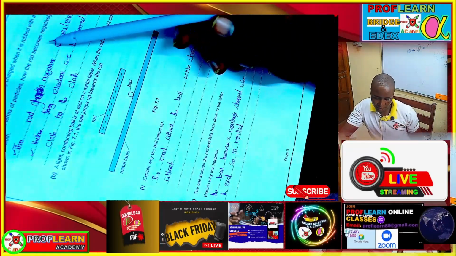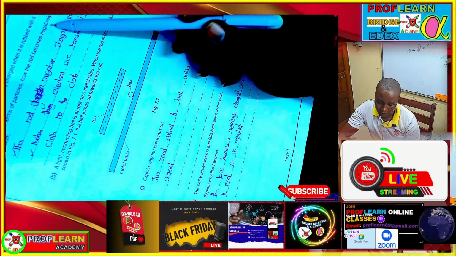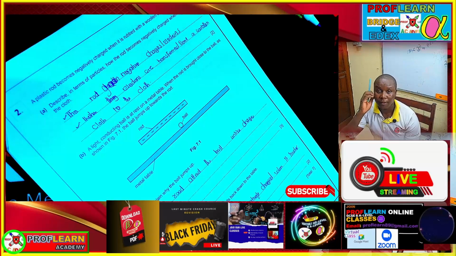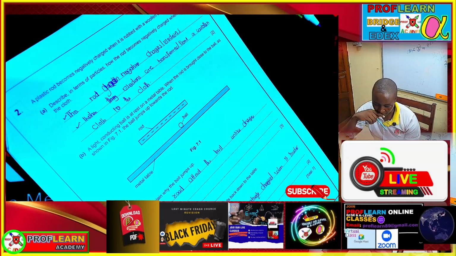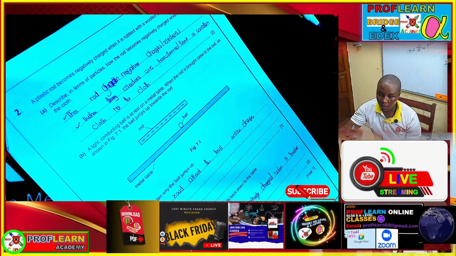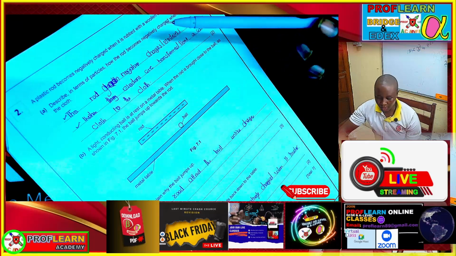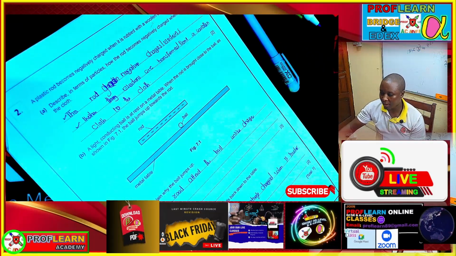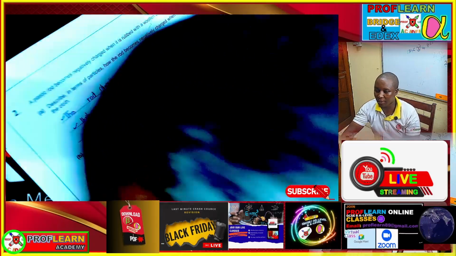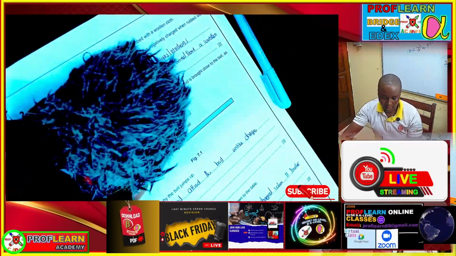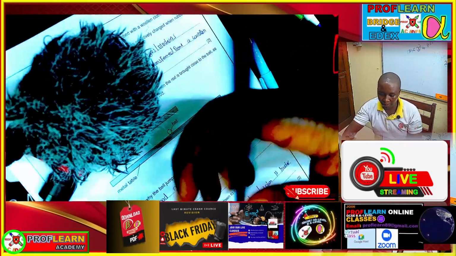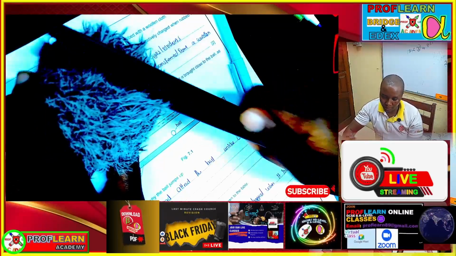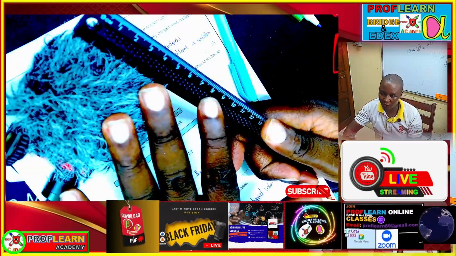Describe in terms of particles how a rod becomes negatively charged. Remember, a material becomes negatively charged if it gains electrons. So the rod must have gained electrons from a woolen cloth. If I rub a plastic rod against this material, due to friction, electrons will be transferred.